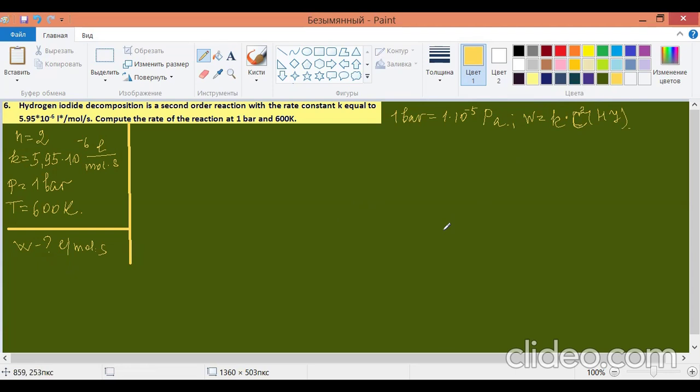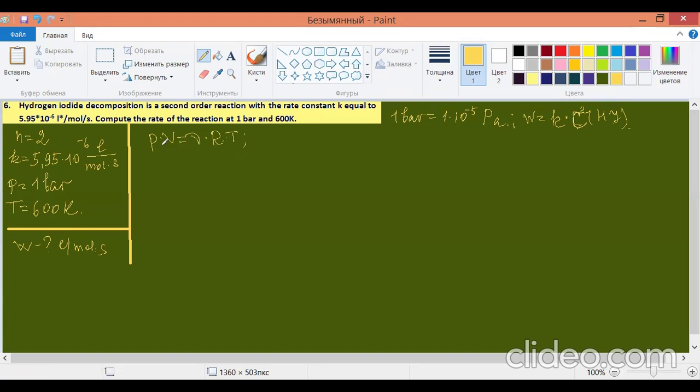Now, I hope that you can see that in order to do these calculations, we need to know the magnitude of the concentration of HI. How can we do that? So, we are dealing with a typical gaseous system. For that reason, we can apply the Mendeleev-Clapeyron equation, which is P times V is equal to nu, the number of moles of this component, times R, the gas constant, times T, right?